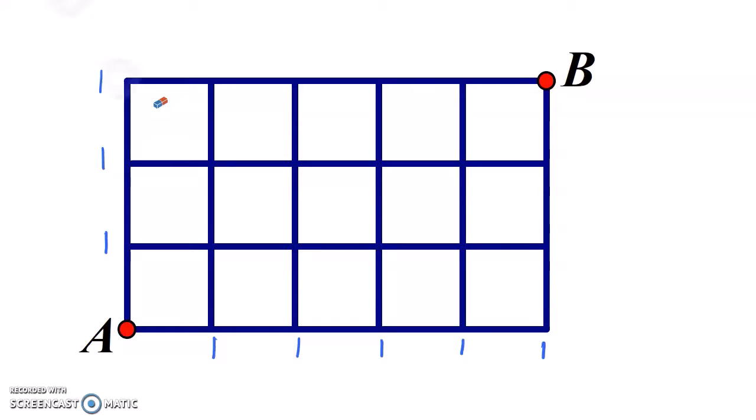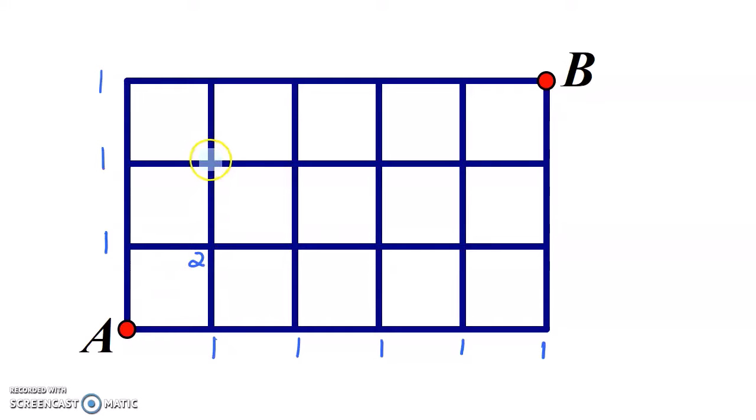So then, if the bug wanted to get here, it could move this way or this way. So it has two paths it could take. 1 plus 1 is 2.